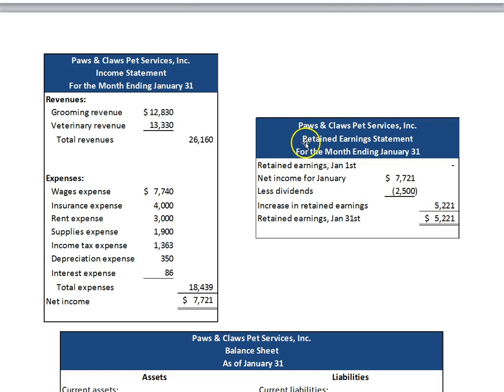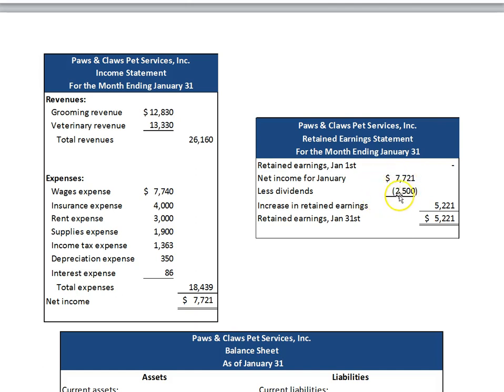For the retained earnings statement, we're going to have the name of the business, retained earnings statement, again for the month ended January 31st. It starts with the beginning balance. Notice they're saying this is the beginning balance. That's what it was on January 1st, and this is indicating the ending balance. They add to it net income. Notice this relationship between the income statement, the 7721, basically goes here for the net income because it is the income for the business for that period.